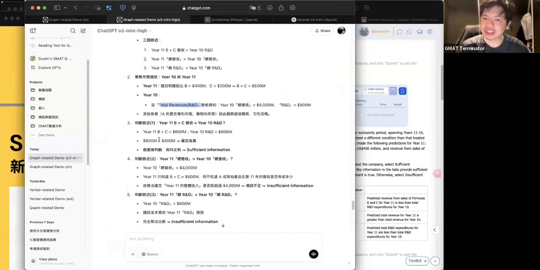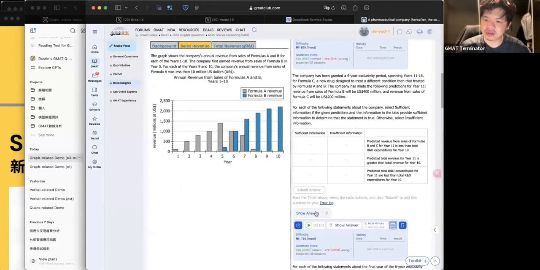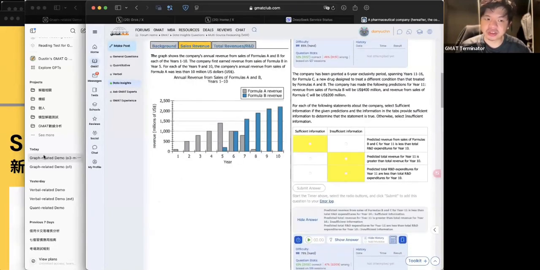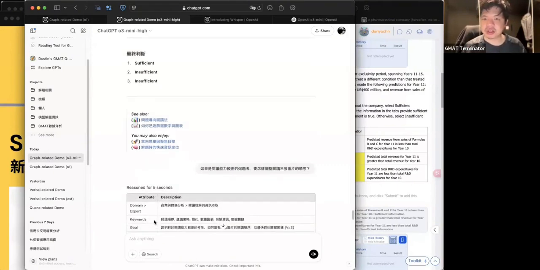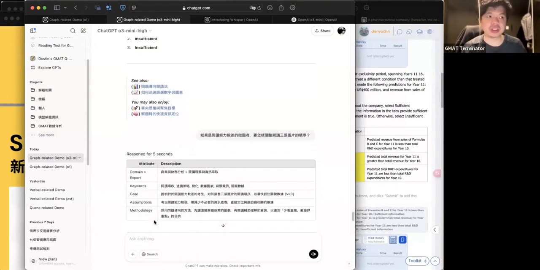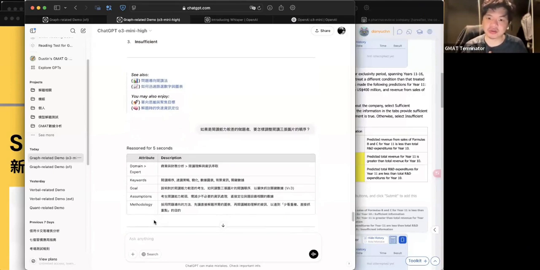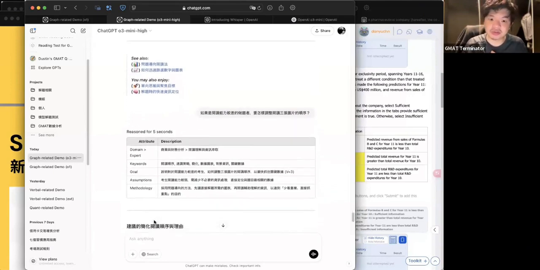This way, you can see that it explains how to judge each statement and which tables you can use to make that judgment. Look, the final answer you get, sufficient, insufficient, insufficient, they are correct ones. And it's okay if some are incorrect. You can just tell them that the answer for this part is different and ask them to check the process again. You can even tell them what kind of test taker you are. For example, you might say you're a test taker who really doesn't like looking at charts, or that your reading ability isn't very strong.